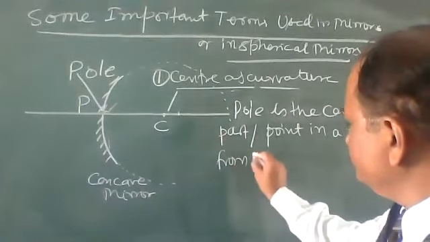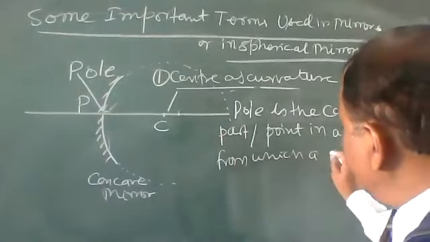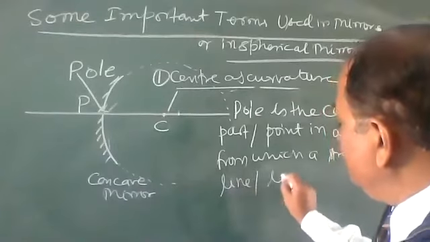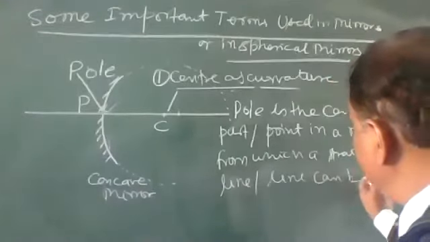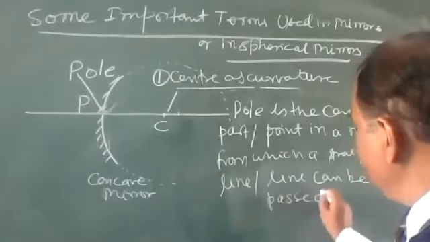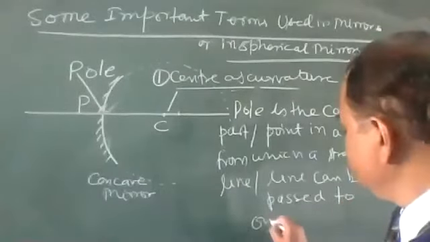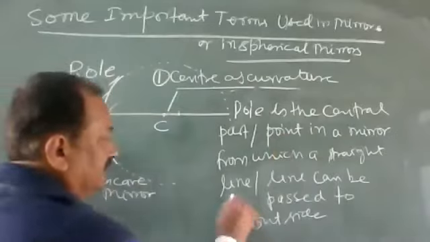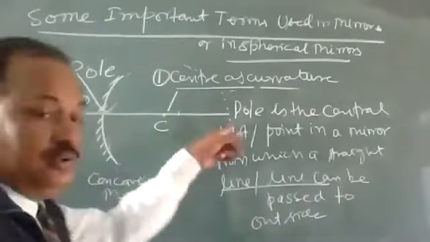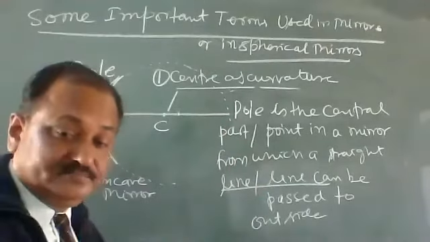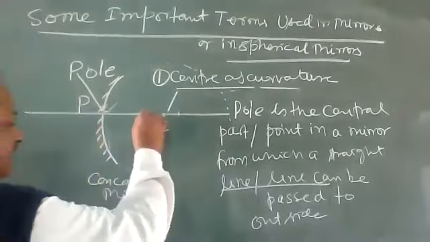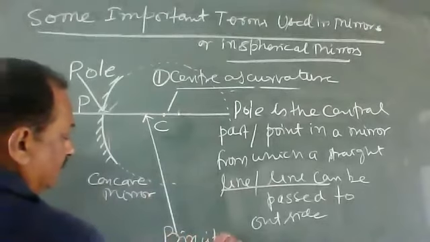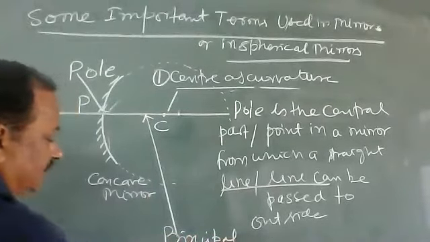Now this line from this point to this point is called the principal axis.